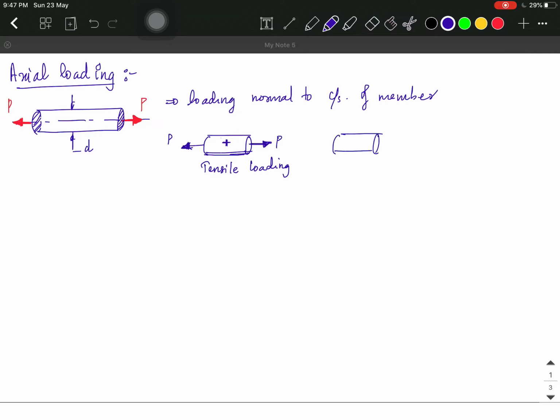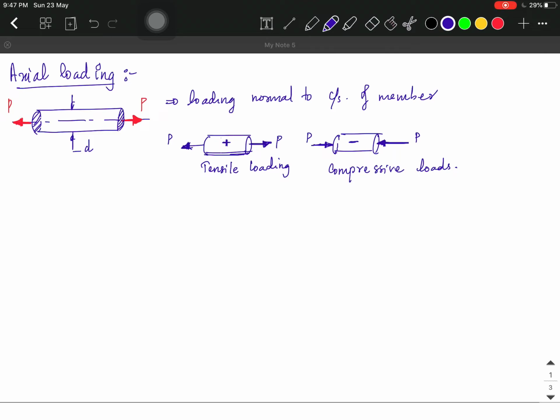And the loads that are acting towards the cross section are generally treated as negative loads, and they are called compressive loads. This is the normally used sign convention for the axial loading concept.